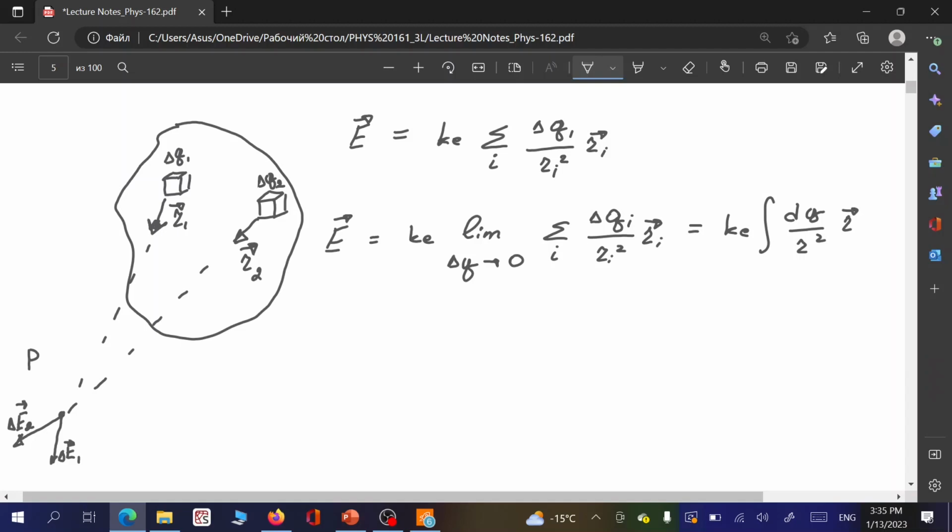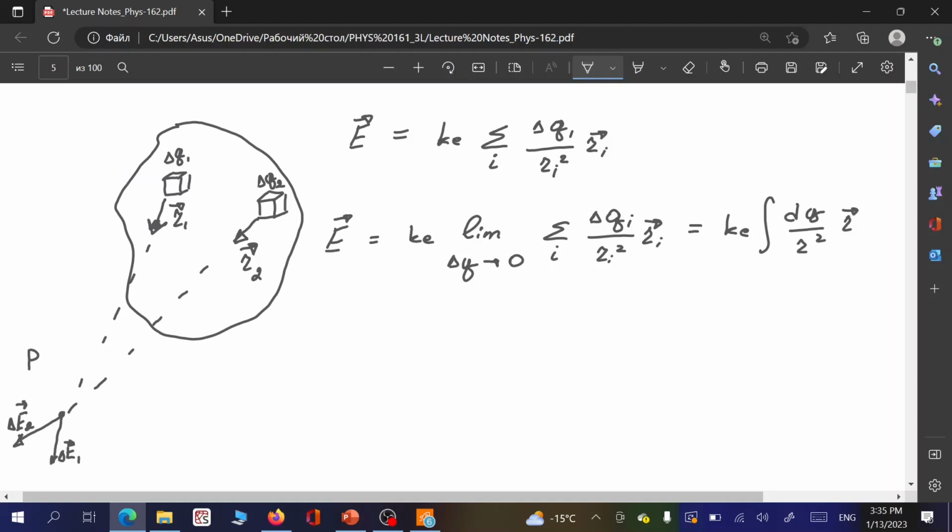When we have different distributions for bulk, surface, and linear cases, we have different parameters to be considered for density of electric charge.